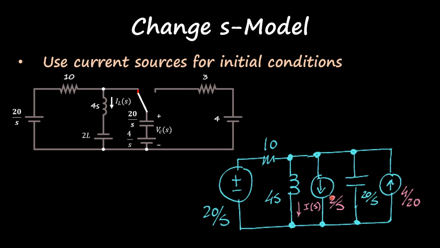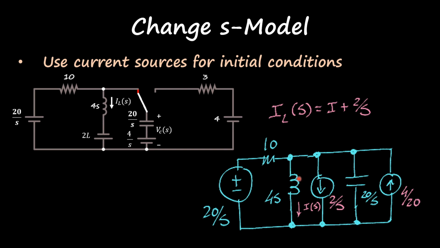All right, one thing that's important to emphasize is that when I change my model to a current source, I need to be careful with the current that I'm trying to find. Notice now that my IL, when I go to my model with current sources, is no longer just the current that flows through the inductor.